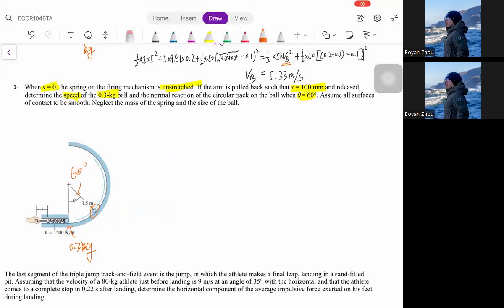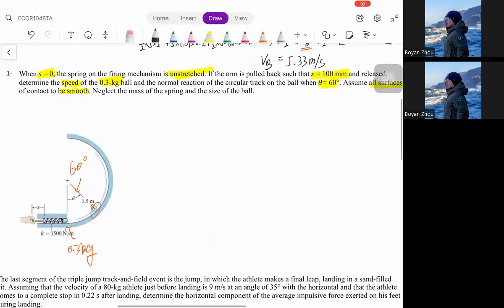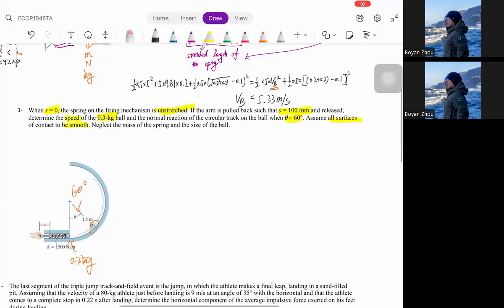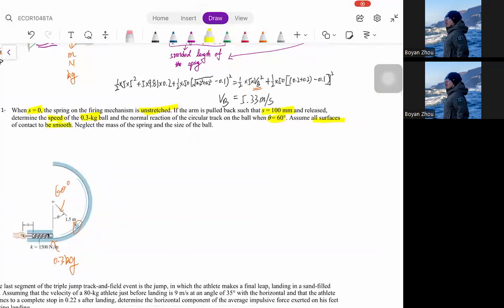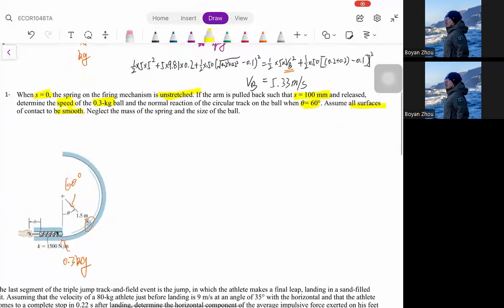Also, all the surfaces are going to be smooth, so we don't need to consider any friction loss. So we need to calculate the speed and also the normal reaction, the force exerted on the ball here.